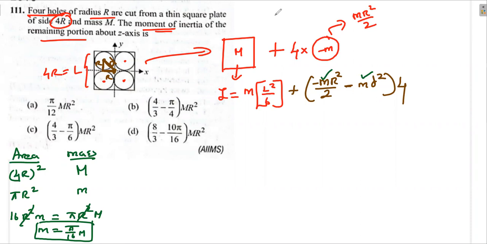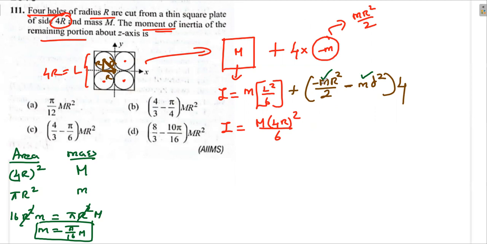Now all I have to do is substitute. So finally, the net moment of inertia of the remaining portion is equal to capital M L square, L is 4r, the whole square by 6, plus all of them are negative masses. I'll take minus 4m out.